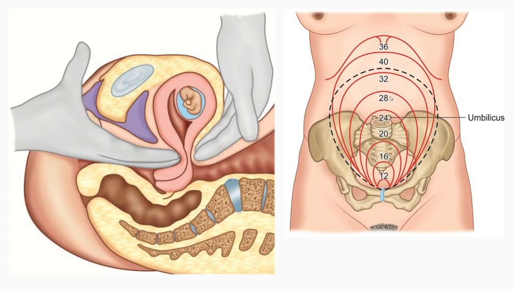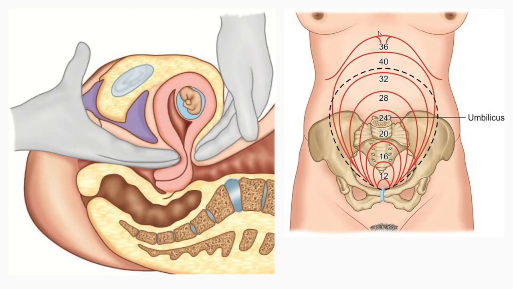At 28 weeks, it is about 1/3 above the umbilicus, and at 32 weeks, it is about 2/3 above the umbilicus, which indicates the xiphoid process.